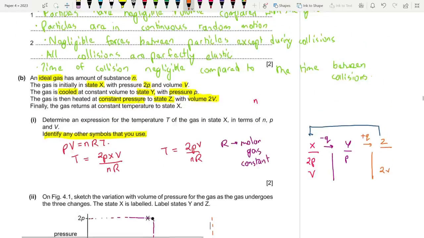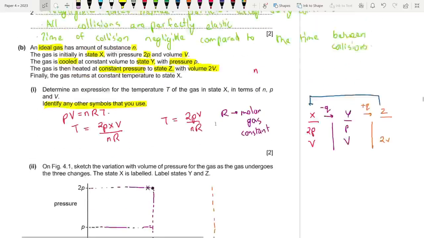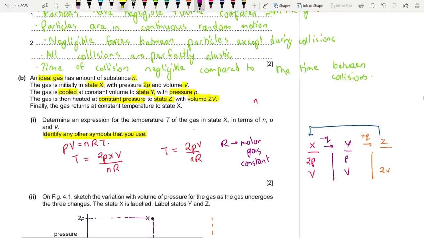And for Y, we know that the gas is cooled at constant volume. So for Y, the volume will remain at V, but the pressure will drop to P. I totally missed that.